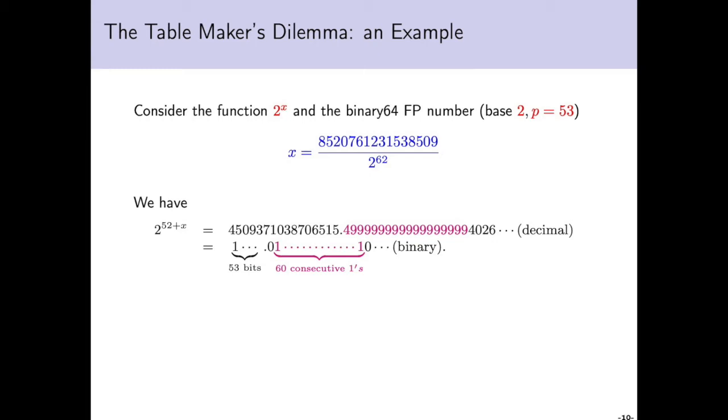Here you have the rounding bit, and then you have a 0, and you have 60 consecutive 1. Okay? So it means that you are very close to a breakpoint, but if you perform your computation on 62 additional bits, you can decide the rounding. Okay?